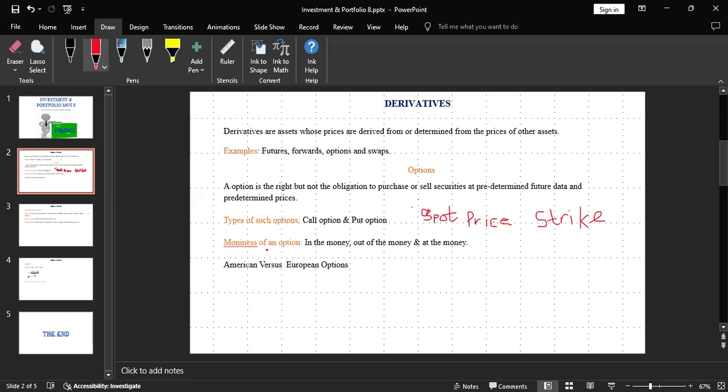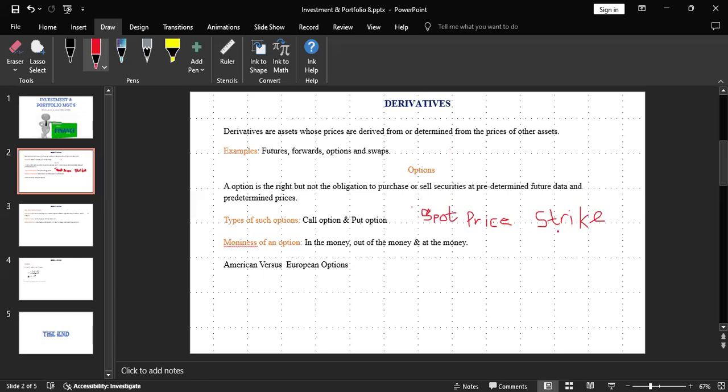All right, so now let's see. We have in the money. In the money, to a layman, I would say is when the option is making what? Profit. So if it's a call option, then the person is buying at what? The strike price, the agreed price.